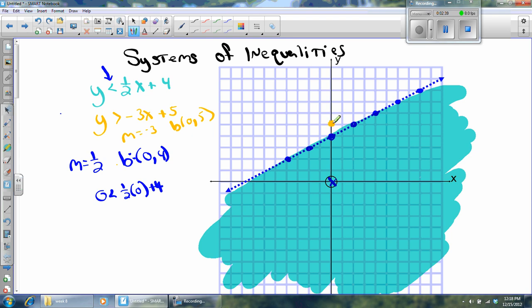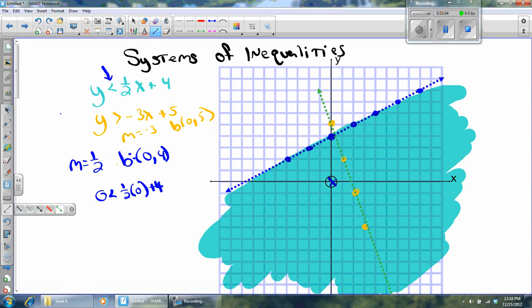A slope of -3 is down 3, over 1, down 3, over 1, down 3, over 1. I know it's going to be a broken line, so I'm going to get my broken line out here, and the line's going to look something like that.